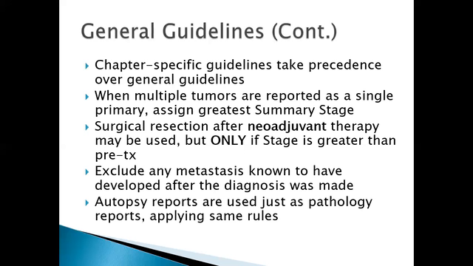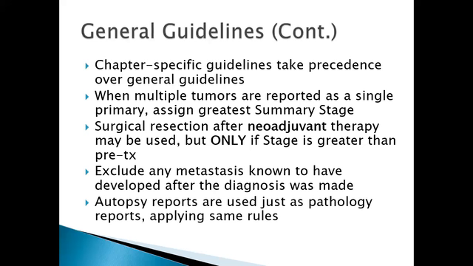Information from the surgical resection after a patient has received neoadjuvant therapy may be used, but only if the extent of disease is greater than the pre-treatment clinical findings are, okay?